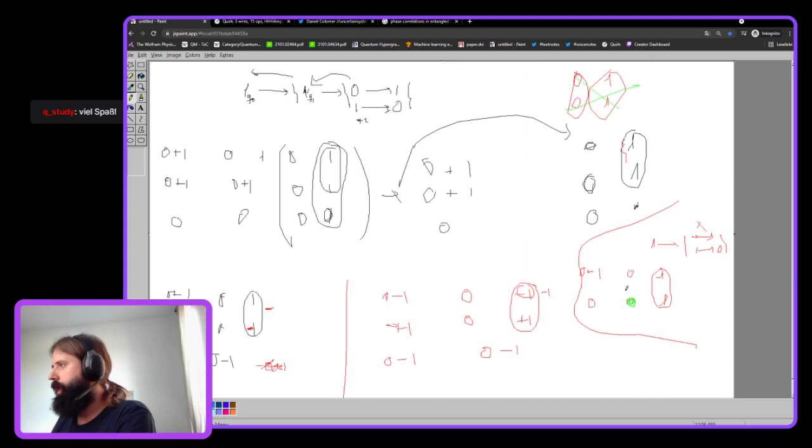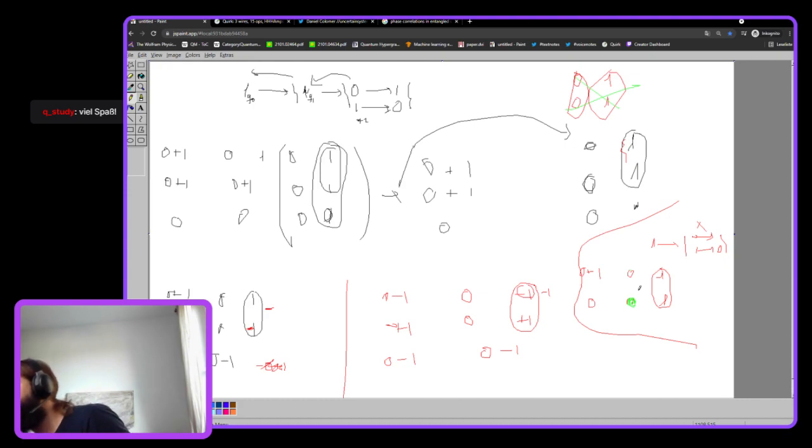Here, I don't want to get rid of the edge, because knowing the state of one of these tells me something different. It tells me information about the state of the other qubit.